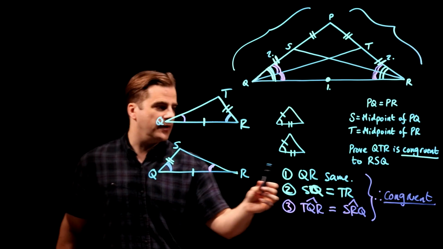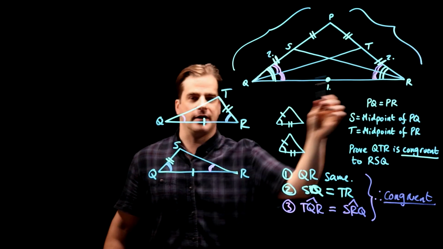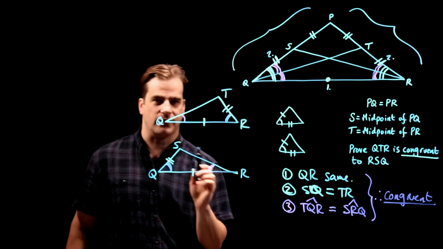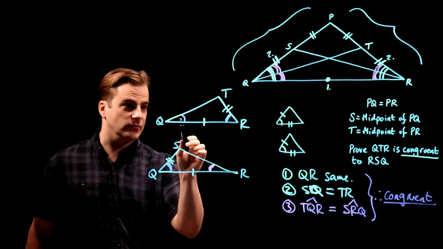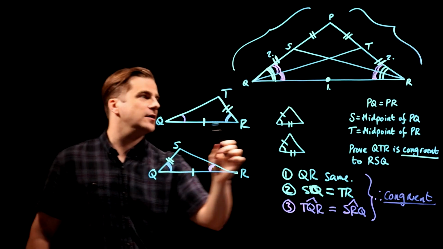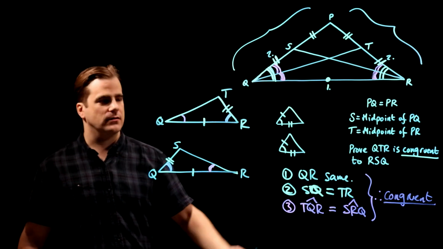So we know that QR is the same and SQ is TR. So that and that, 1 and 2 are definitely true. That angle is indeed the same as that, but we don't want that one. We want the one between it. We want this one. So TRQ, it is the big one.